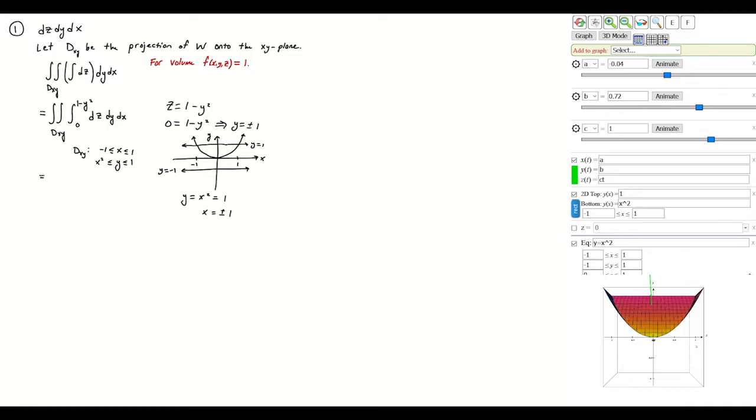So then we can complete this triple integral by writing the integral from -1 to 1, the integral from x squared to 1, integral 0 to 1 minus y squared dz, dy, dx. And that is the order in that, dz first.